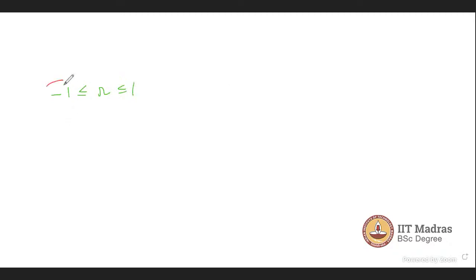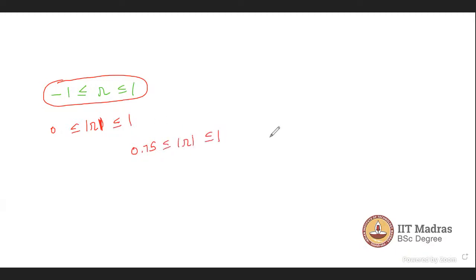Yeah, so our correlation coefficient mainly lies in the range -1 to 1, and I'm talking about the absolute value, which lies between 0 and 1, right? If my absolute value is in this range, I will say strong. If it's in this range, I will say moderate.